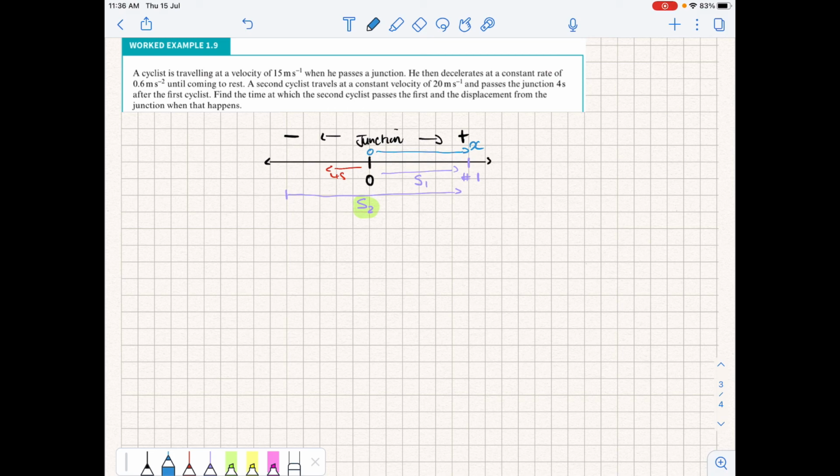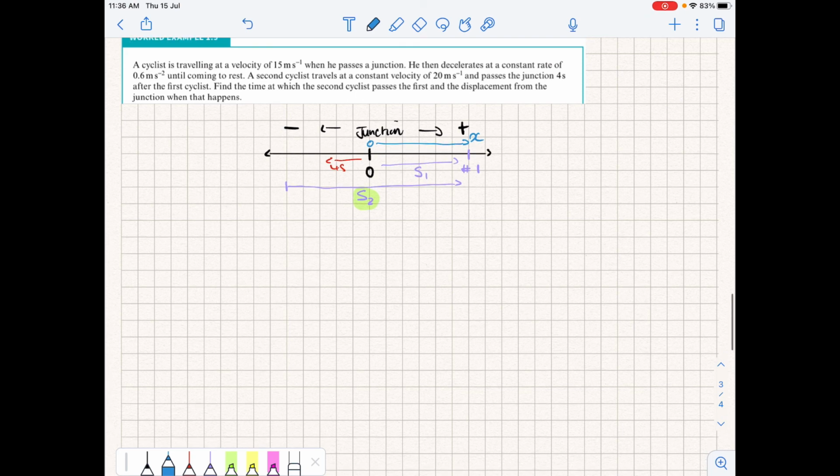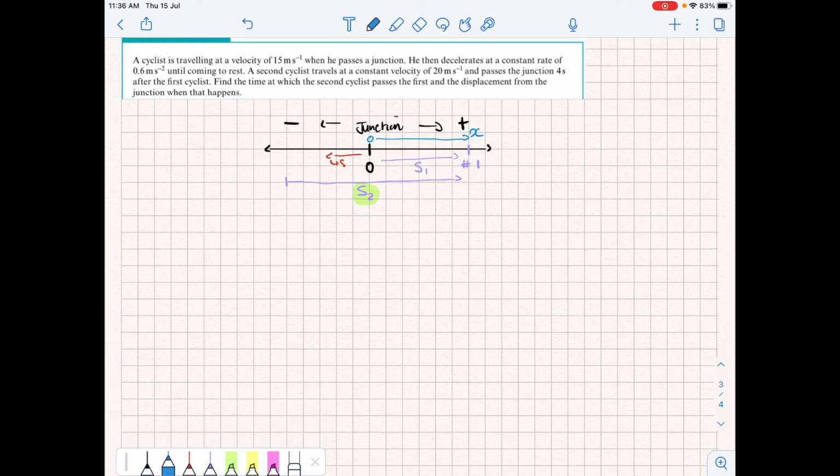So what we need to do is create two functions with respect to displacement and time for these two cyclists separately, and then we will look at them together, okay? We'll combine them at the end. So let's have a look first at cyclist number 1.